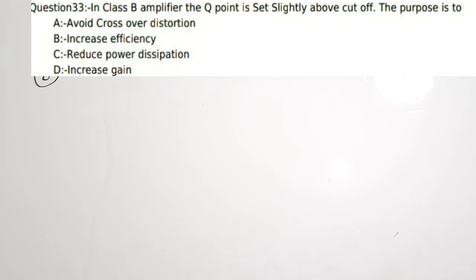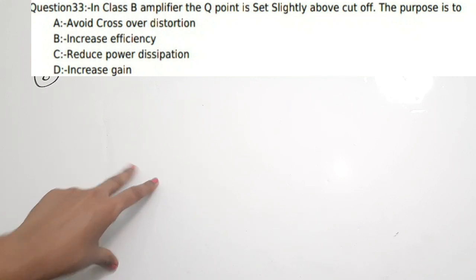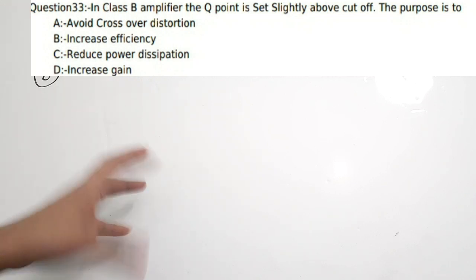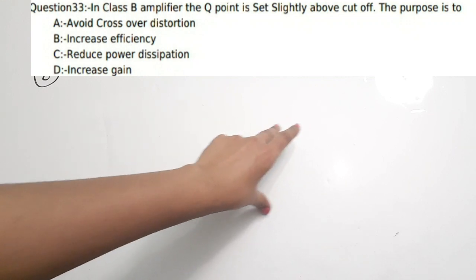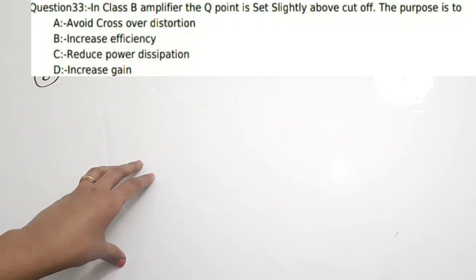Before talking about the purpose, let us see what a Q point is. In a very brief manner, I will tell you, because there is a video in the analog electronics playlist, explaining the quick revision of BJT equations. And there is a video on load line, that is how to draw the load line and how to find the Q point.